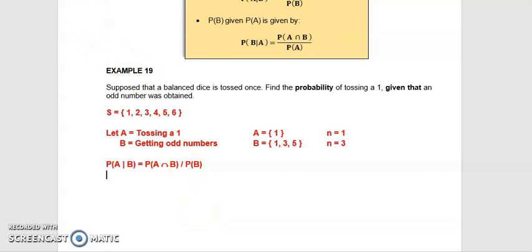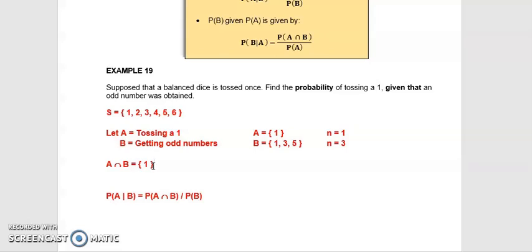Now we need to find what A intersect B is and what the probability of B is. If you look at the sample space, A intersect B is 1. So we can list here A intersect B, the element is only number 1.